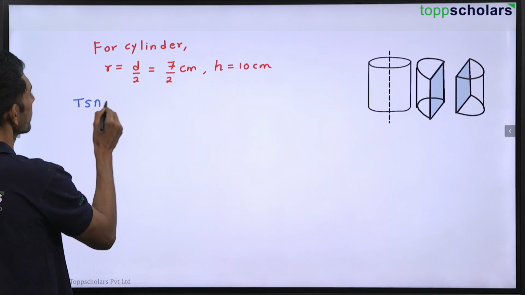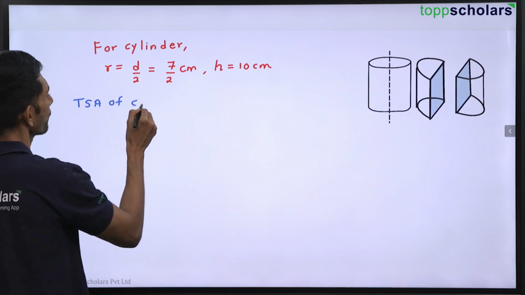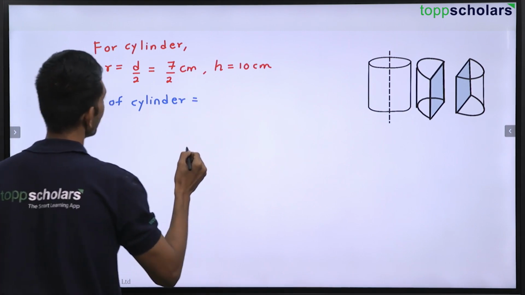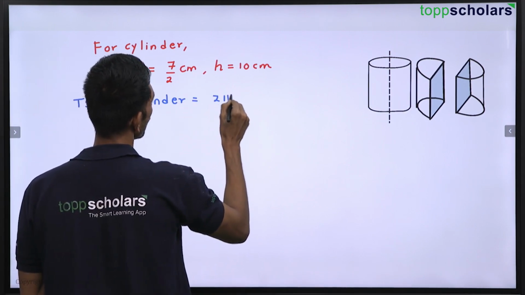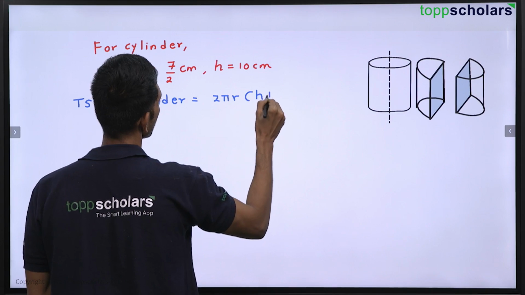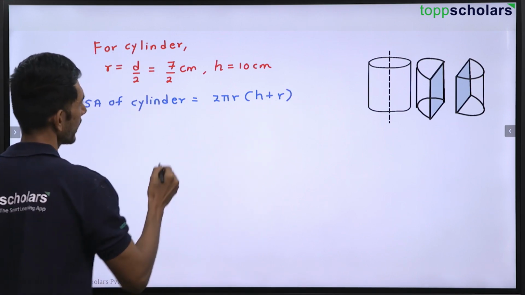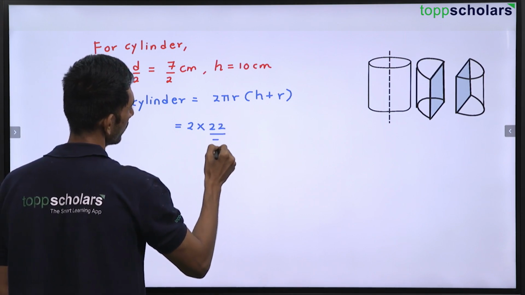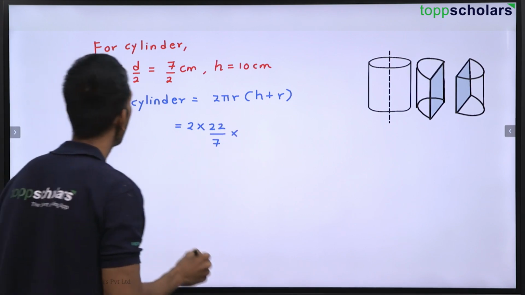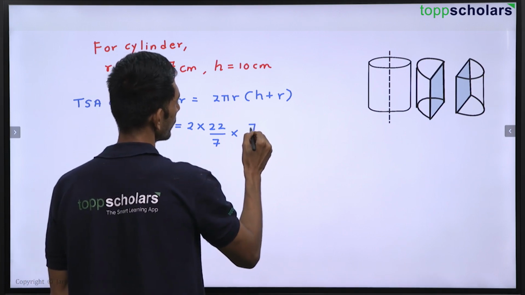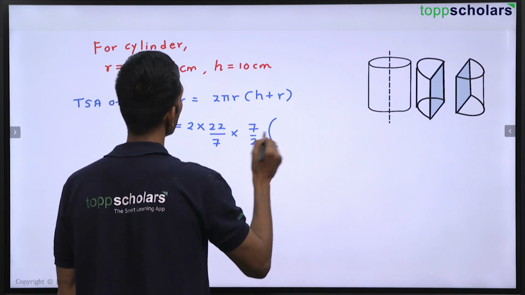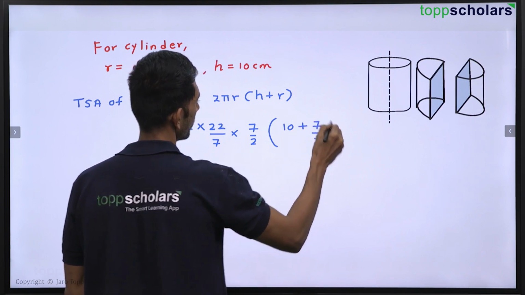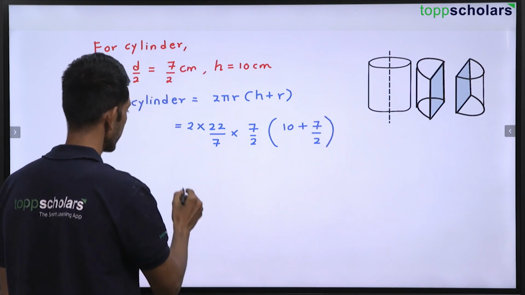So let's find out the total surface area of the cylinder now. What will be the total surface area of the cylinder? That will be 2 pi r (h plus r), right? That is equal to 2 into 22 by 7 into r. r is 7 by 2 into (h plus r), that is 10 plus 7 by 2, correct?